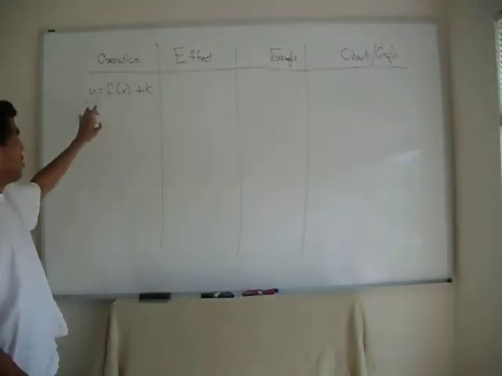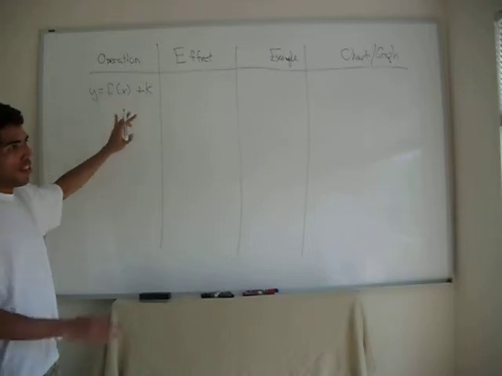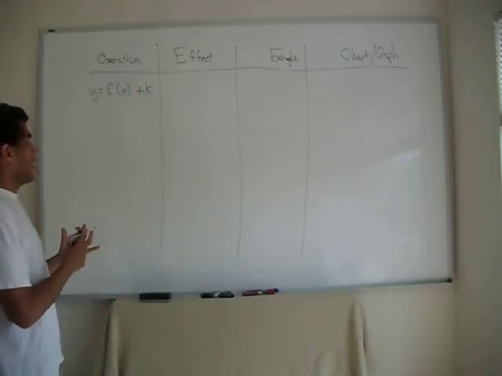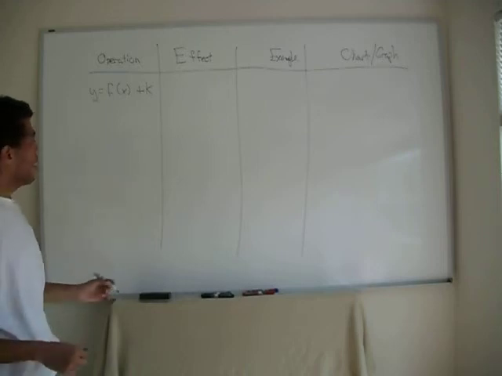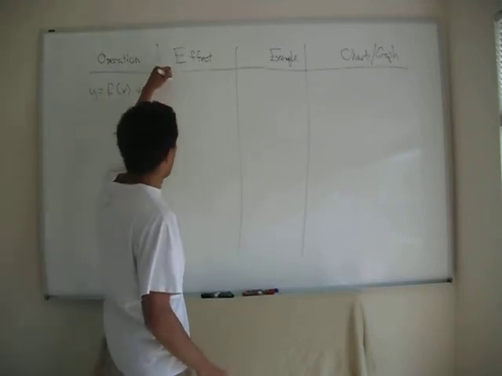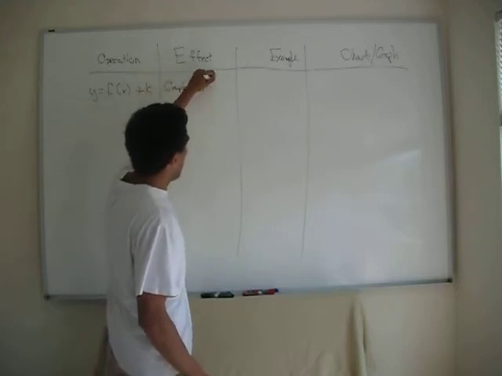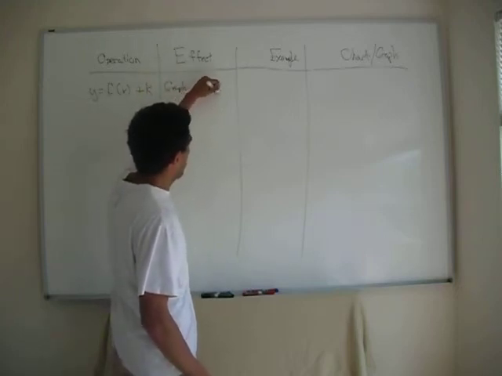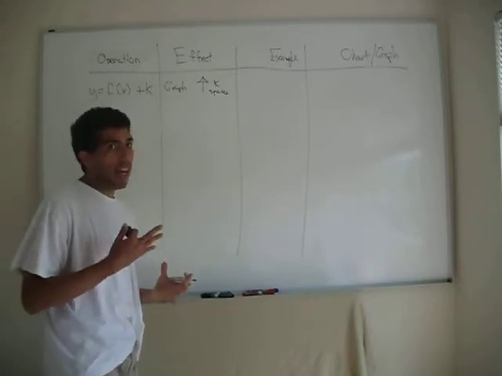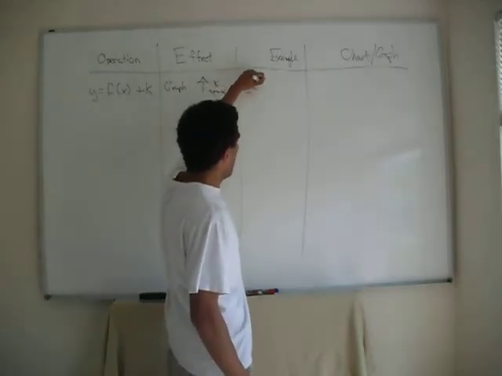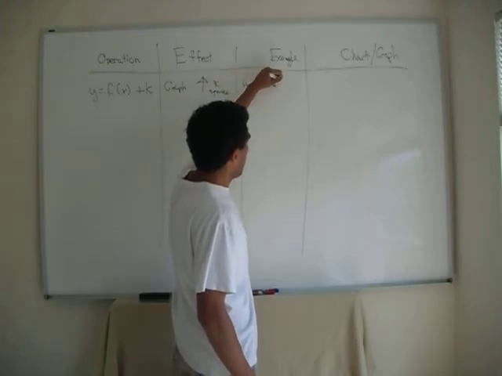So the first one is what happens when I have a function. It doesn't matter what the function is. I have a constant added to the function, right? The effect is that the chart or the graph goes up k spaces in the xy axis, alright? The example, again, let's use y equals x squared plus 8.